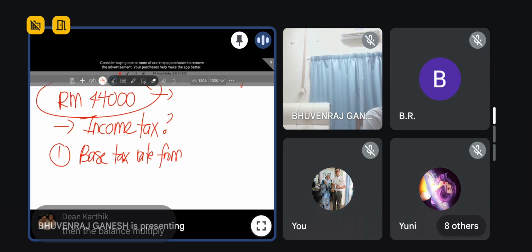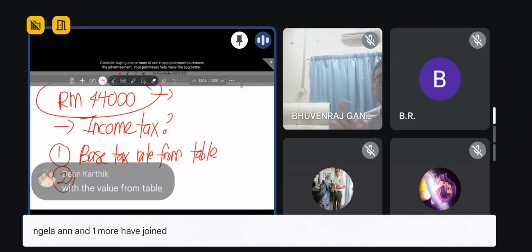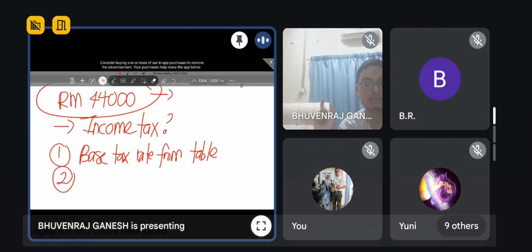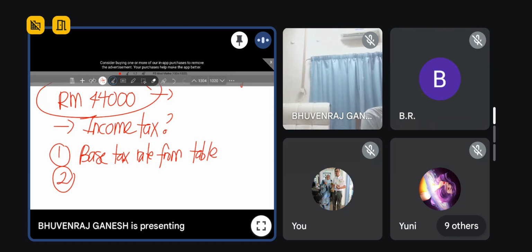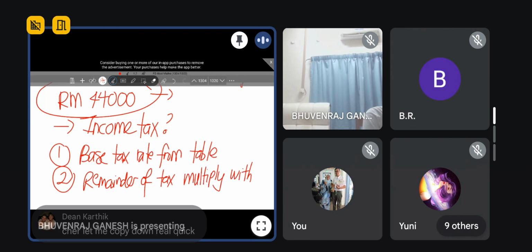Yes, very good. That is your second step. Langkah kedua, baki cukai kamu, kamu multiply, darab dengan kadar kamu. You times with your rate. Okay, so remainder of tax, you multiply with the rate in table. Okay, depend on the rate.